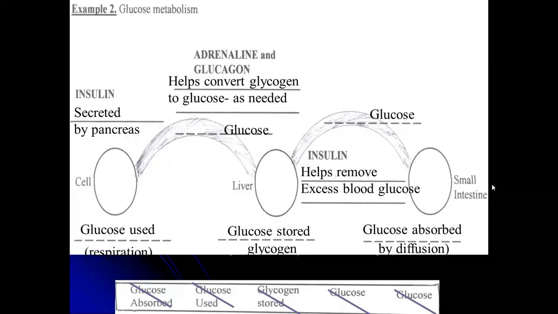Insulin released from a special cell in your pancreas called a beta cell causes a decrease in sugar in the blood. So as you can see, you follow along. Higher levels of blood glucose cause higher levels of insulin to remove the blood glucose. And where does the glucose go?